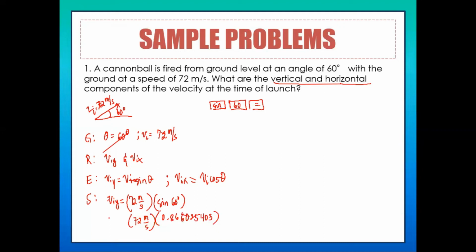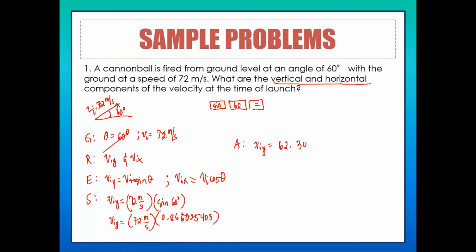So our v sub iy na for our answer is v sub iy is equal to, so multiply that to 72. That gives you, okay, 2 decimal places lang tayo, no? The answer is 62.35.